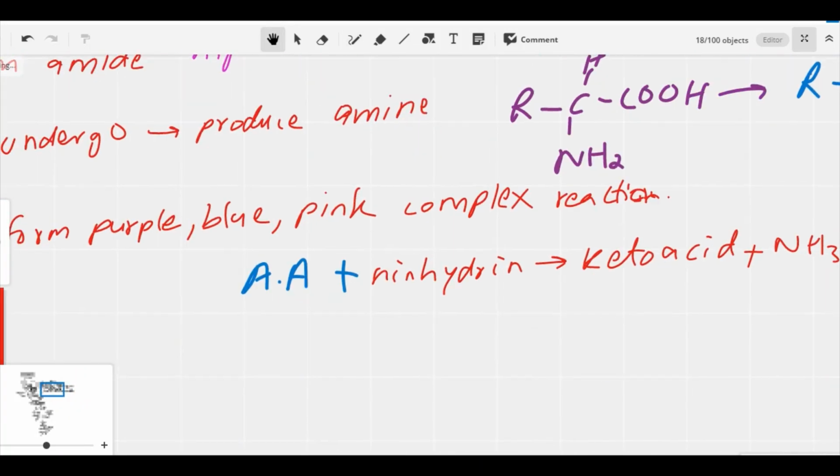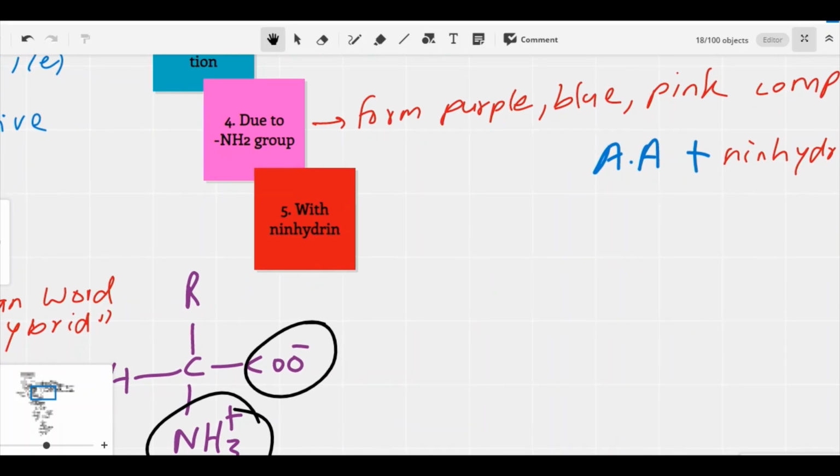Okay, so that is the amino acid reaction due to ninhydrin.